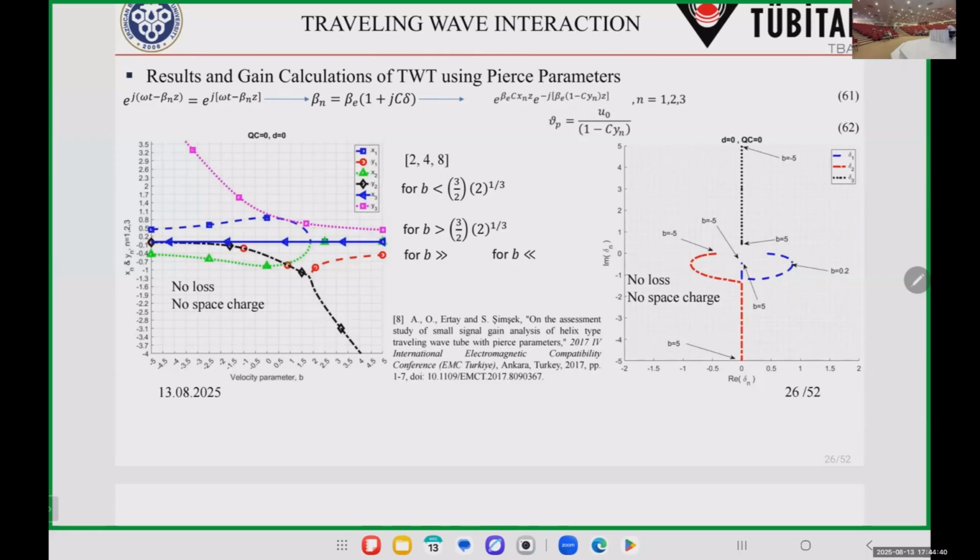Before that, x1 is an increasing wave, as you can see here, and after that it changes. In another graph, we assume no space charge and no loss. If we assume that condition, then we can obtain this graph.